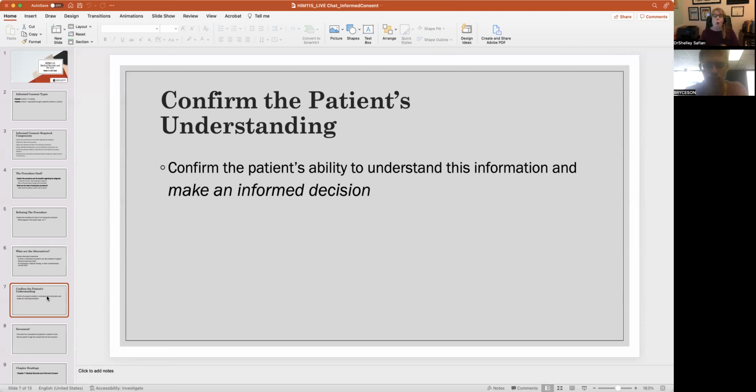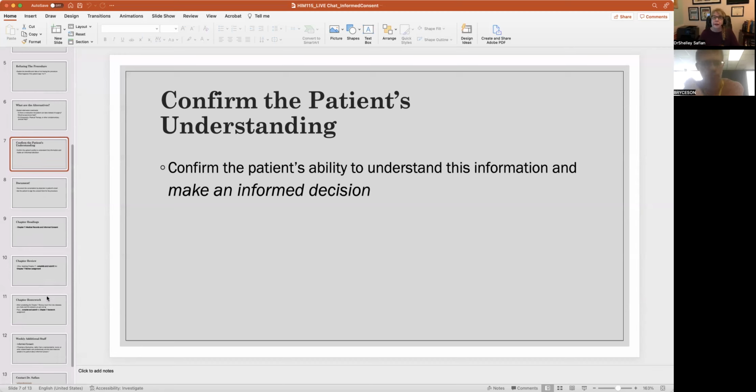Or maybe a psych consult. In other words, have a psychiatrist come in and do a mental acuity exam, if it's a serious procedure and there's real question about the patient's ability to understand. This is for the protection of everybody, the protection of the patient and the protection of the physician and the staff.